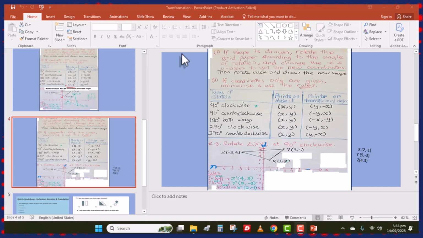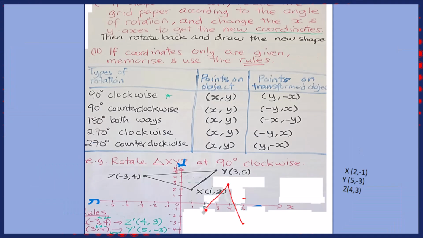So now we have rotated the paper back to its original plane, and now we'll be plotting these coordinates on the plane to get our rotated shape. So let's do it. We draw straight lines to connect the points, and there we have it. And that's it.